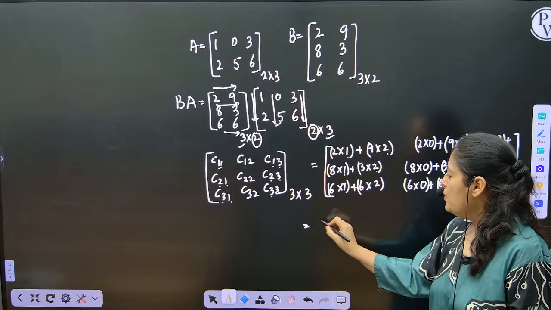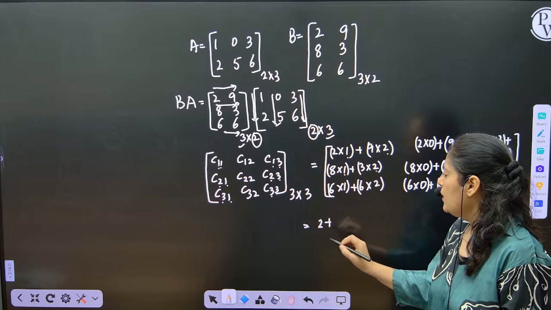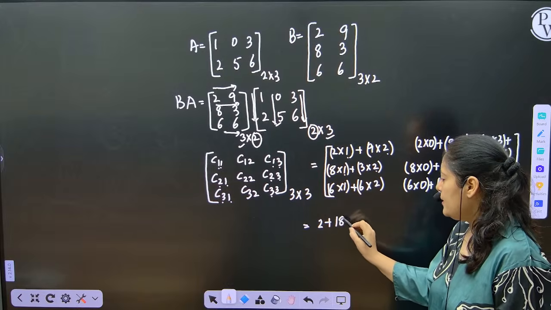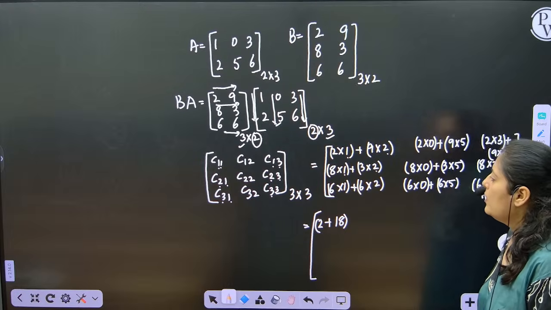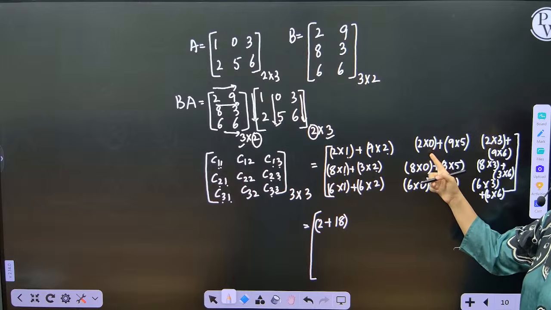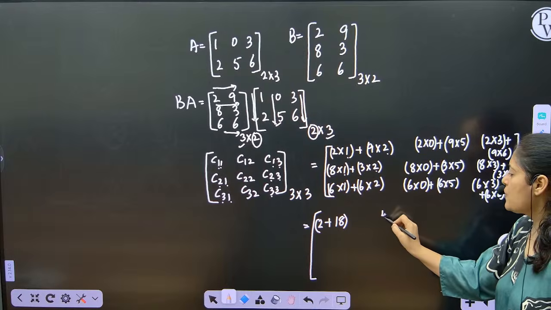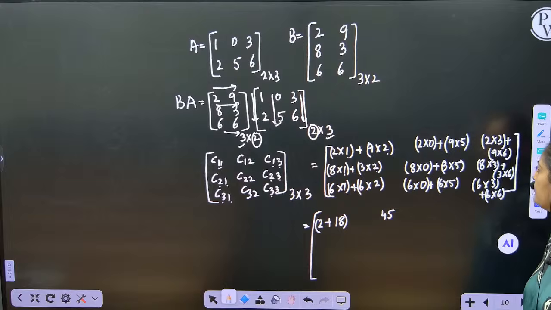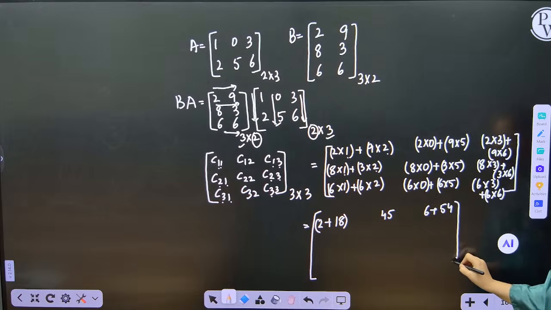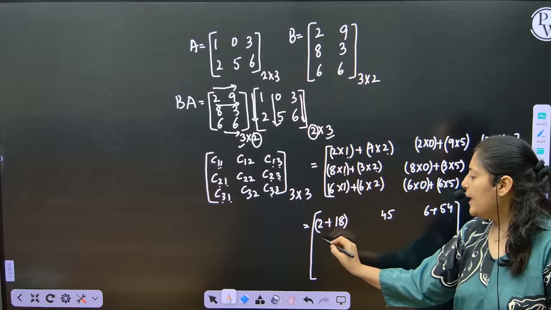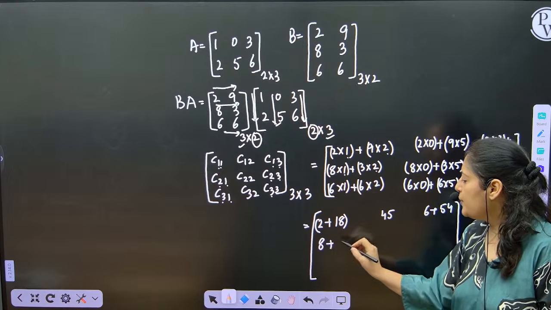2 ones are 2, 9 twos are 18. 2 zeros are 0, 9 fives are 45. 2 threes are 6, 9 sixes are 54. 8 ones are 8, 3 twos are 6.